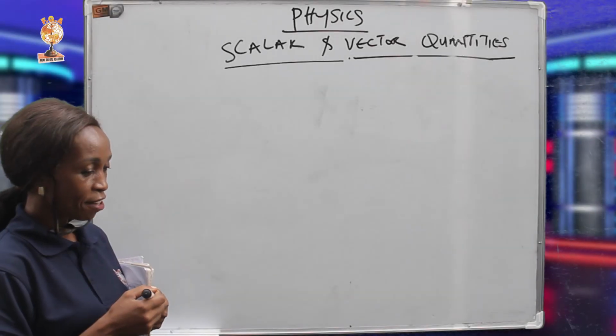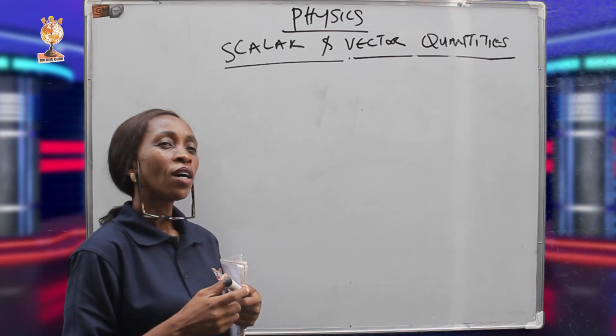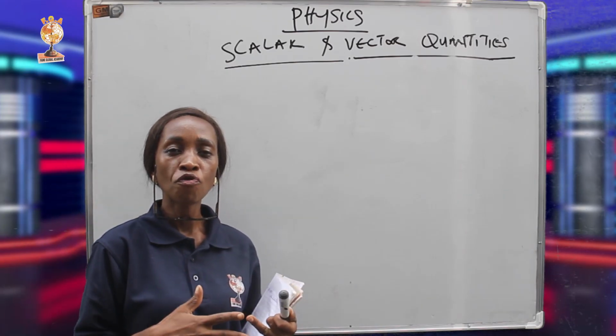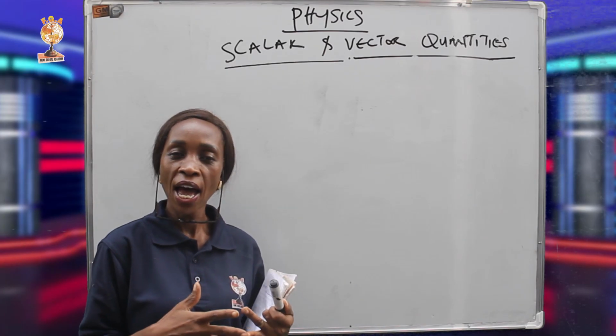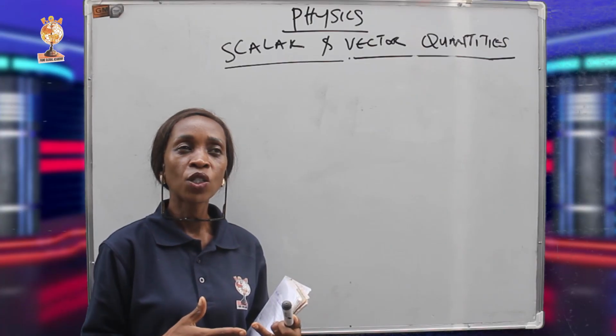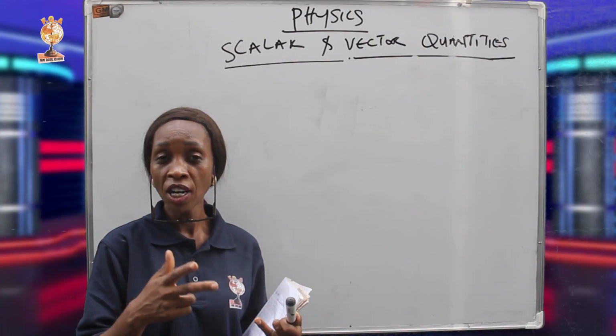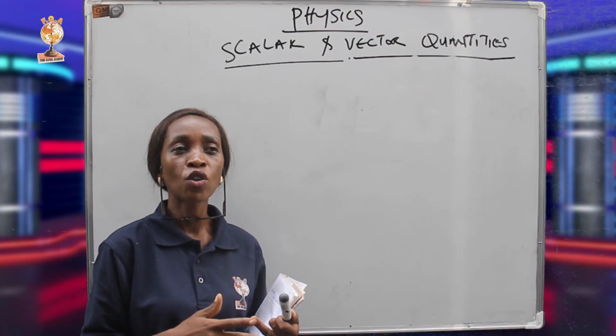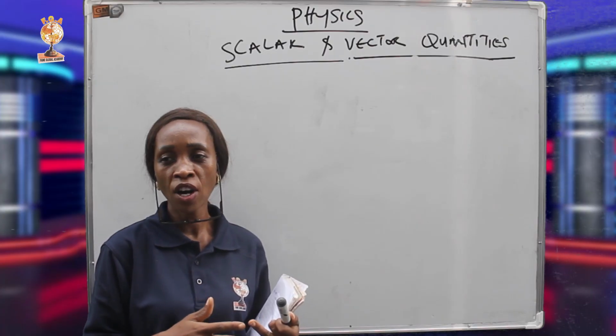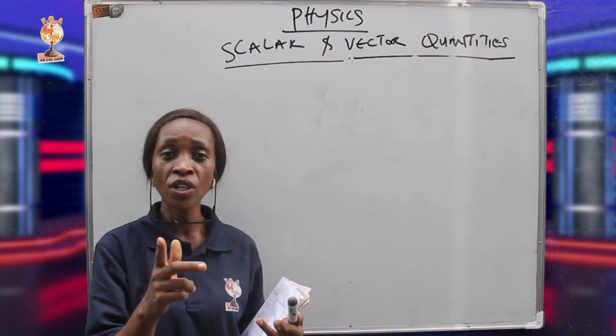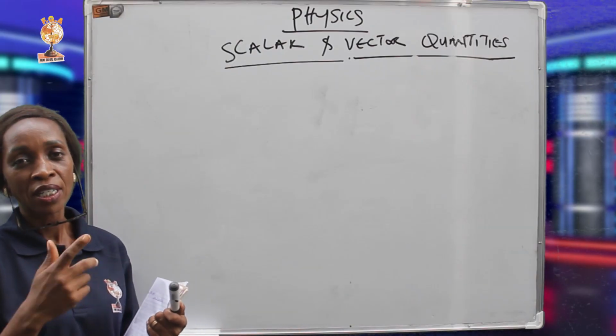Now, I said if we have two vectors in the same direction, we will add their resultant. If we have two vectors in the opposite direction, we will subtract their resultant. And if you have two vectors at a right angle to each other, making an angle of 90 degrees, what do I use? I use Pythagoras' theorem.